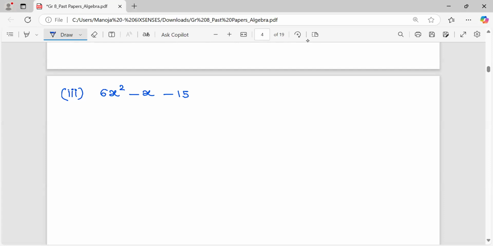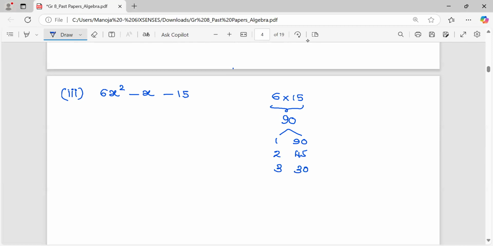So what I do here, 6 times 15. When I have 6 times 15, I know it is 90, and here I write 90. Then I get the factors of 90. Quickly I write down 1 times 90, then 2 times 45, then 3 times 30, right?